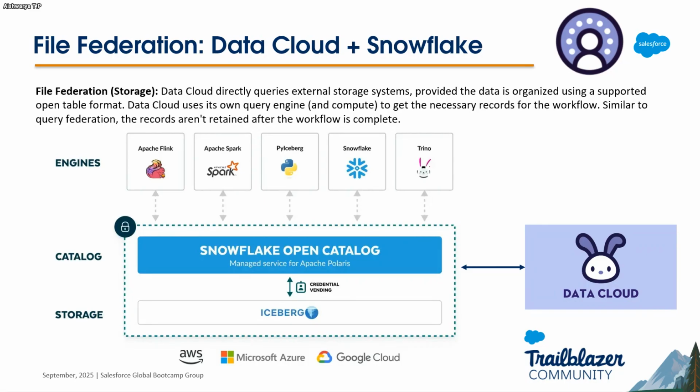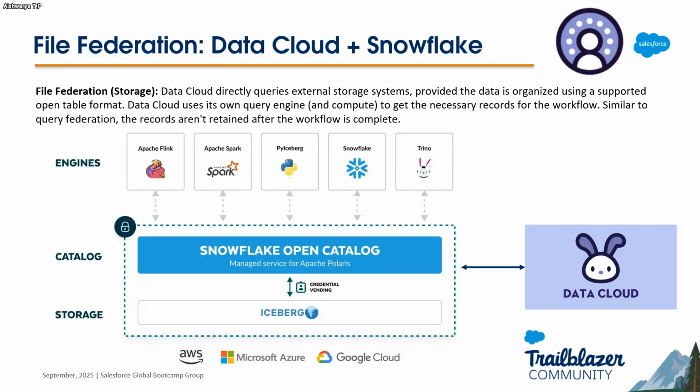Just a reminder, I'm speaking about file federation. For file federation, I will not directly connect to Snowflake, I'll connect to my open catalog, and this open catalog is just a layer on top of my Snowflake. If you already have a Snowflake license, there is no additional cost here, I think, based on my understanding and whatever I have explored.